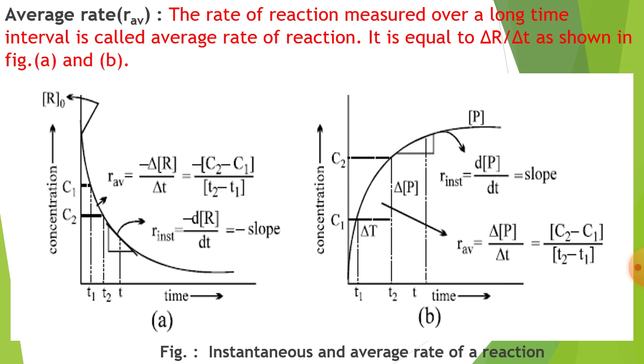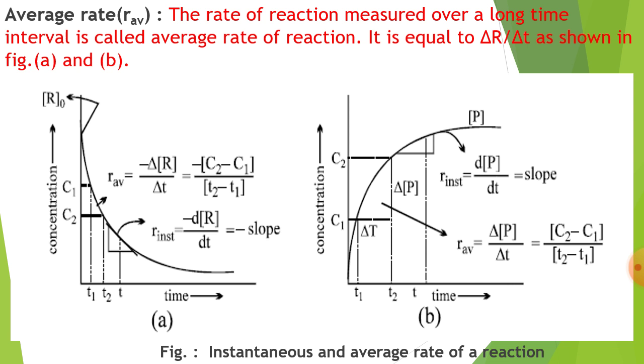The delta is used to show the average rate of reaction, and small d is used to show the instantaneous rate of reaction. So look at graph A, drawn between the concentration of reactant and time. At time t1 the concentration is C1, at time t2 the concentration is C2.